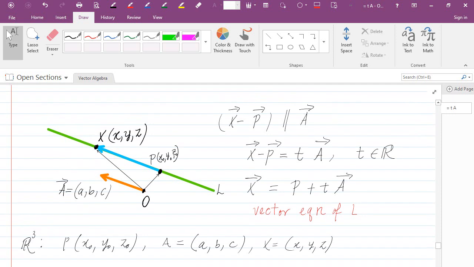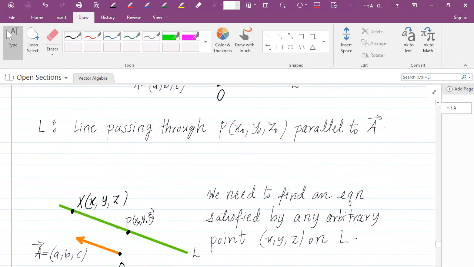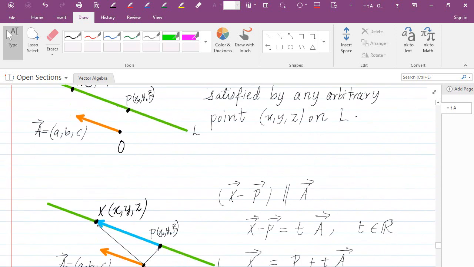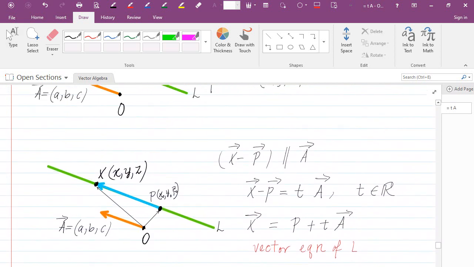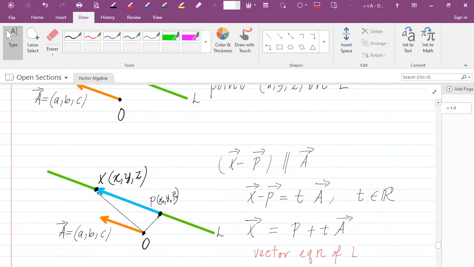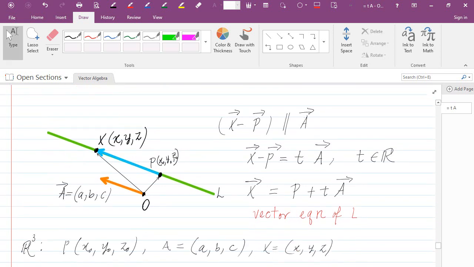Okay, so if I'm given a point on a line and a vector parallel to the line in any dimension, the equation of that line will be given by this equation. So not just in dimension 3.